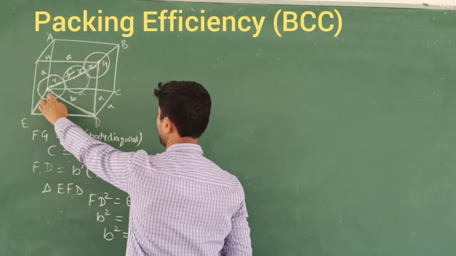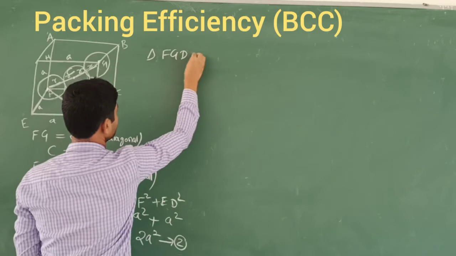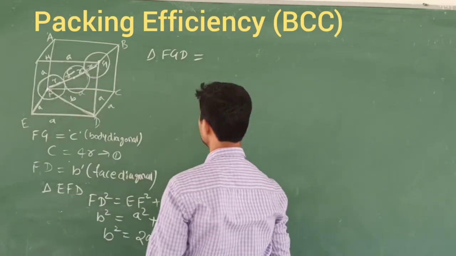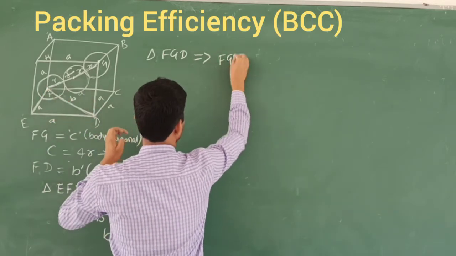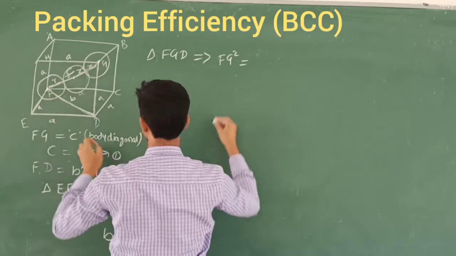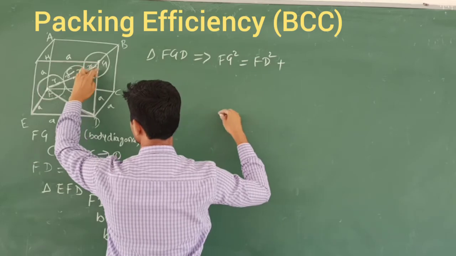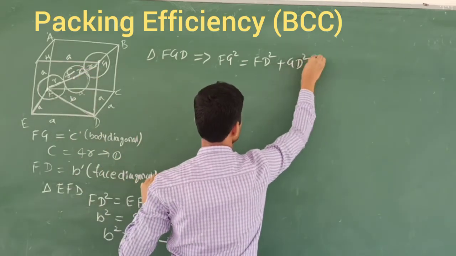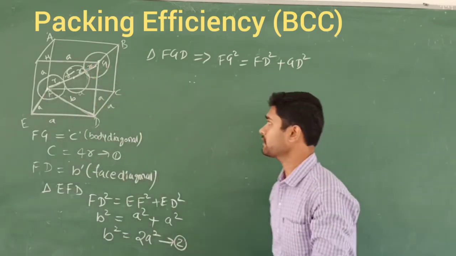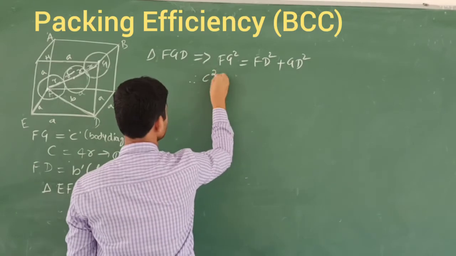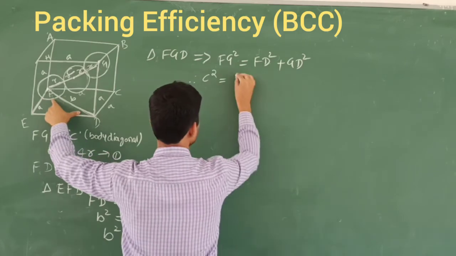In triangle FGD, FG square is equal to FD square plus GD square. FG is nothing but the body diagonal, that is C square, which is equal to FD square. What is the value of FD here? FD is nothing but B square.